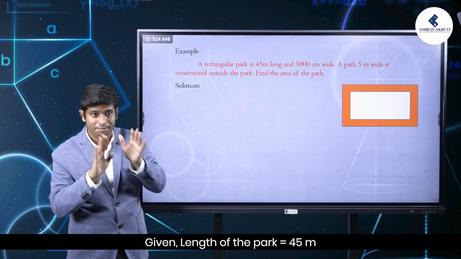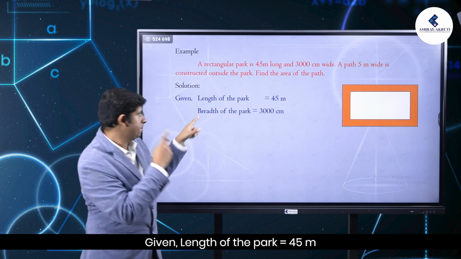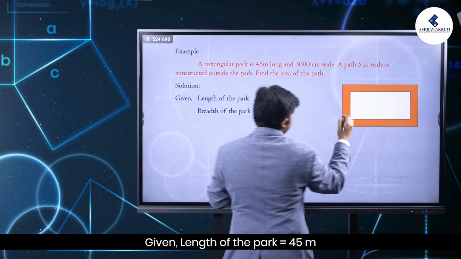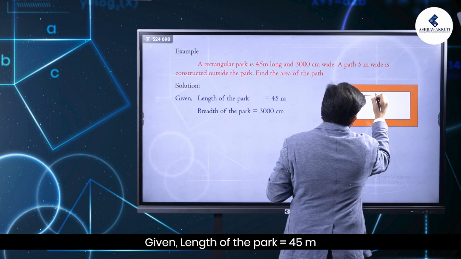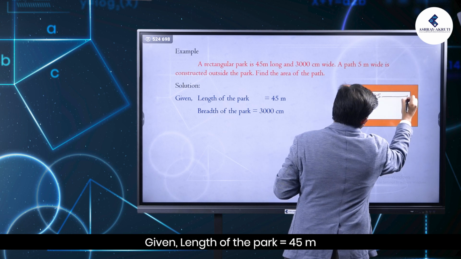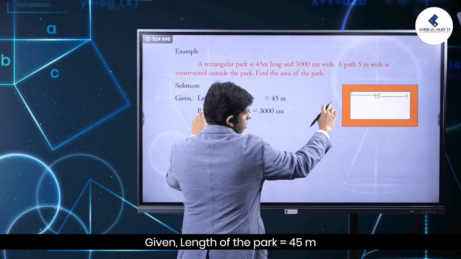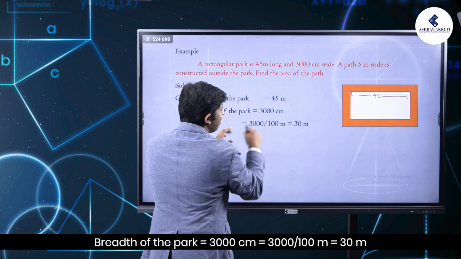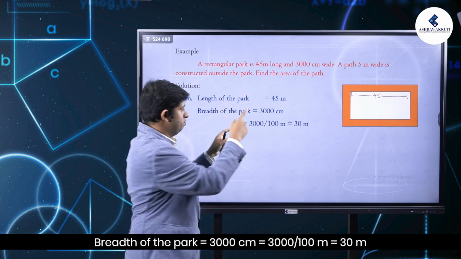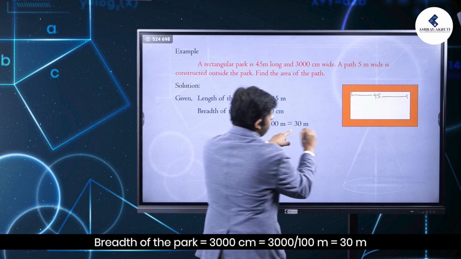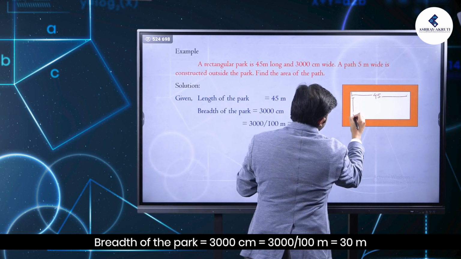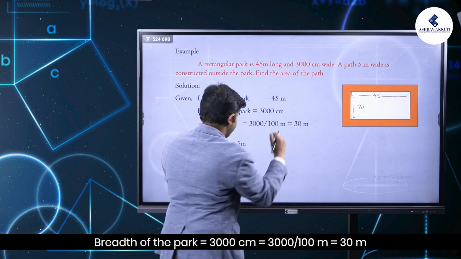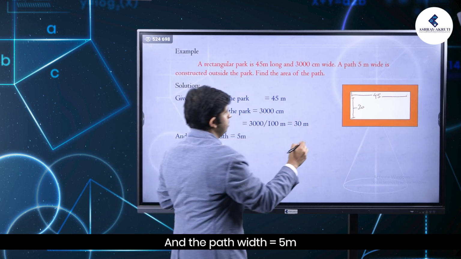Length of the park is equal to 45 meter. and breadth of the park is equal to 3000 centimeter, which is equal to 3000 by 100 meter, which is equal to 30 meter. And the path width is equal to 5 meter.